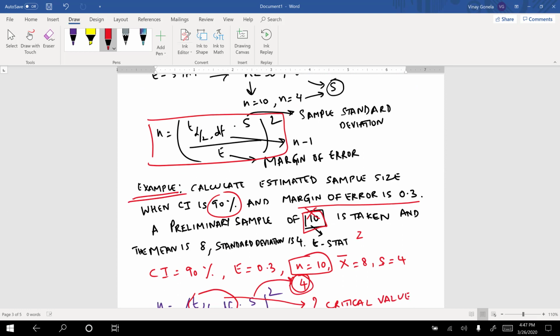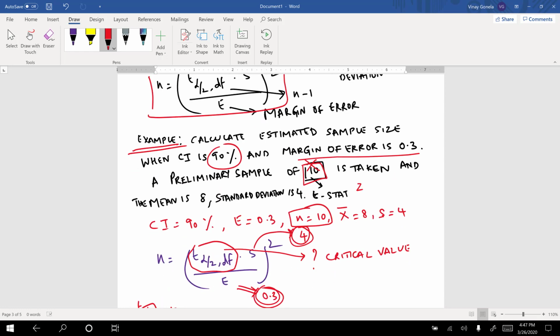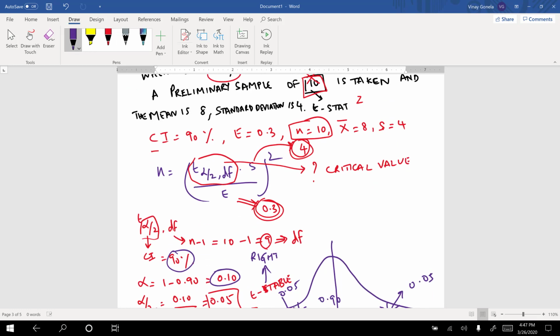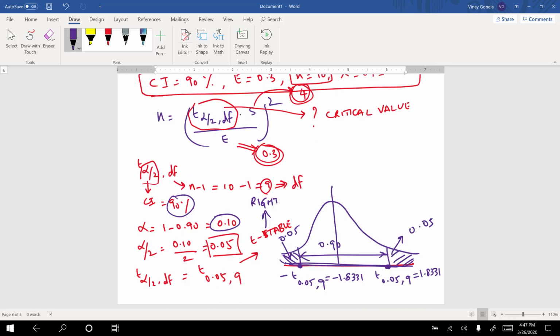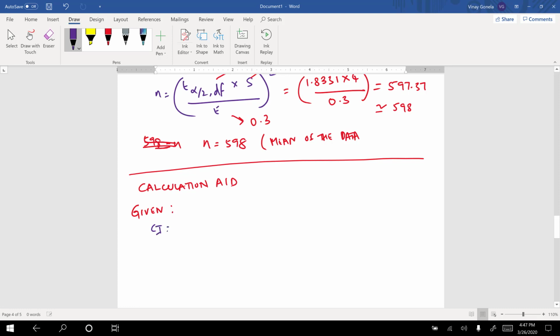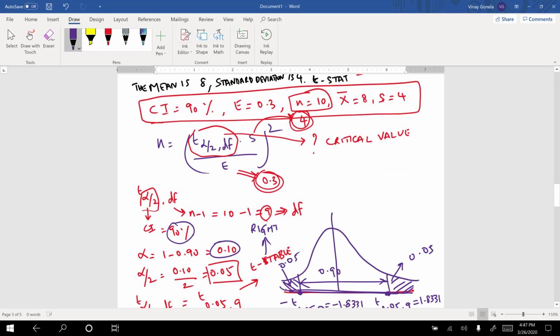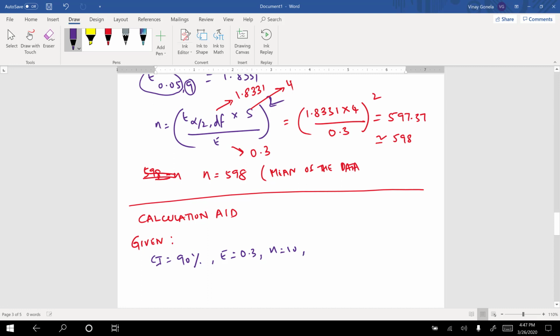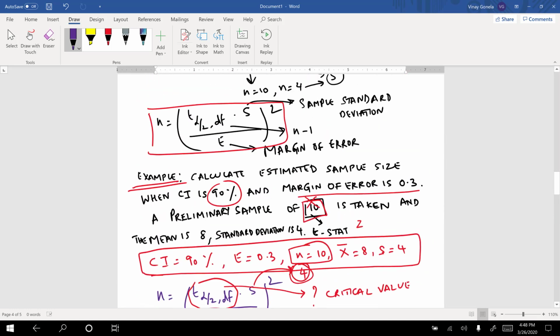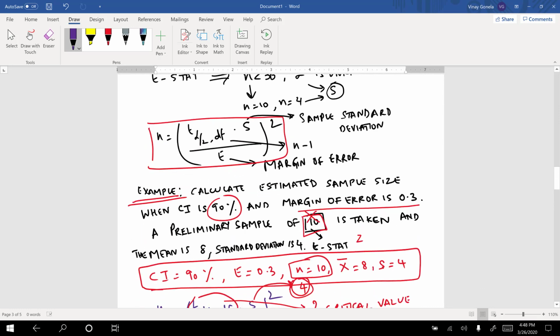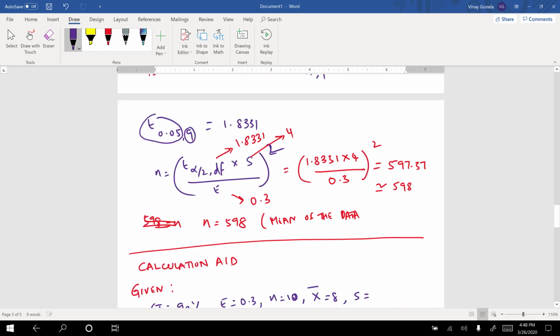The confidence interval is 90%. The margin of error is 0.3. Let me note down these values here. The confidence interval is 90%, margin of error is 0.3, sample size n is 10, x bar is 8, and the sample standard deviation is given as 4. Yes, it's 4.